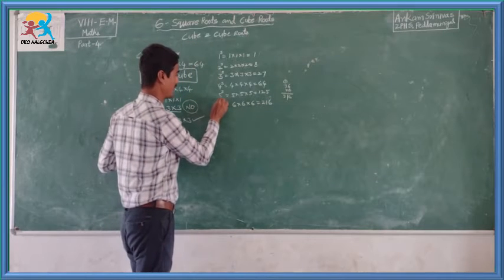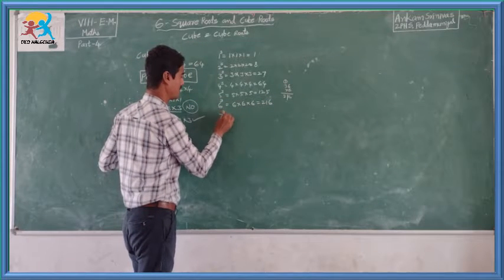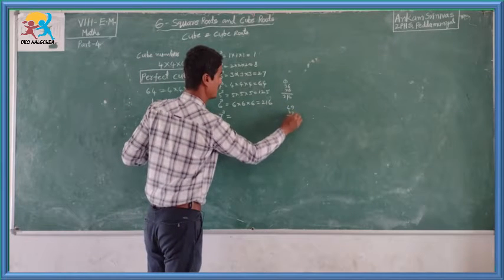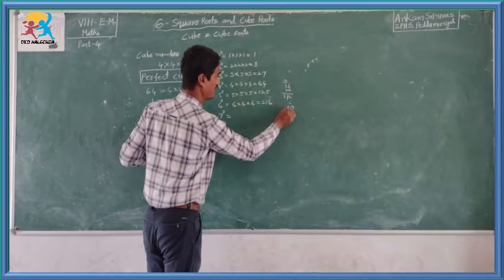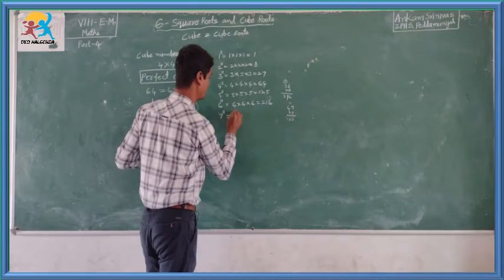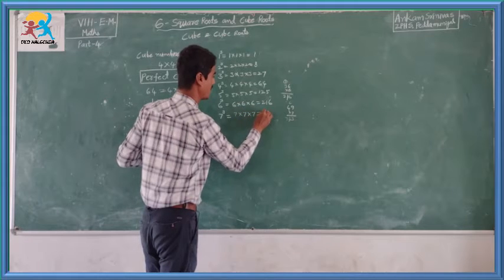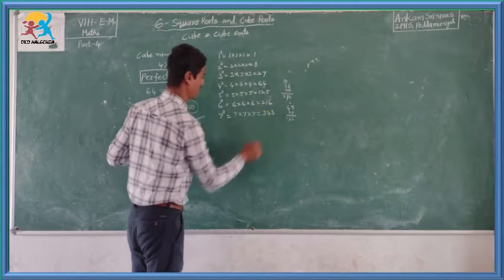And 7 cube. 7 into 7 into 7, 49 into 7 gives 343.